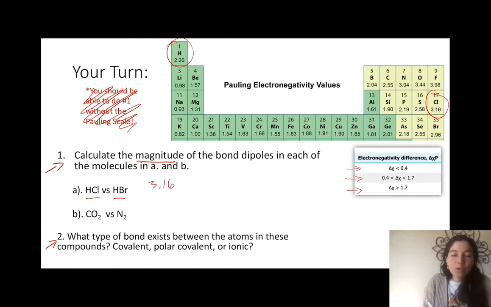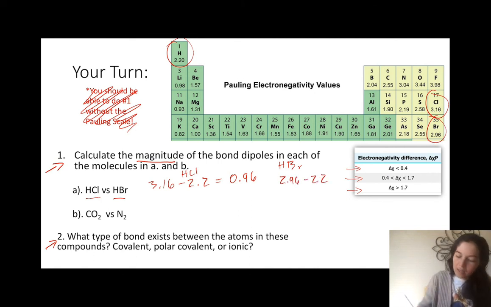It really doesn't matter which one you put first because you can always take the absolute value of whatever number you get, but we do need to find the difference here. So what we end up with here is 0.96 for HCl. Let's take a look at HBr. We've got 2.96 minus 2.2. That is equal to 0.76.